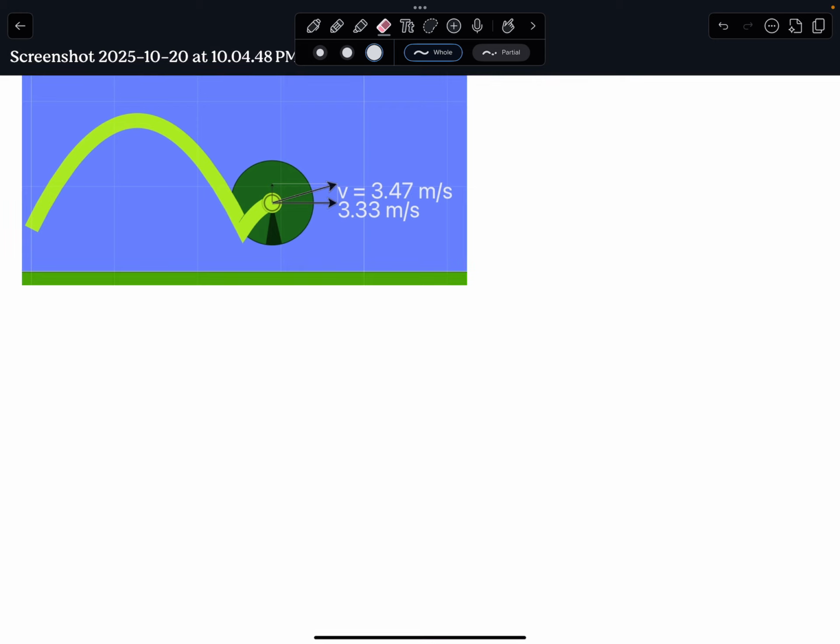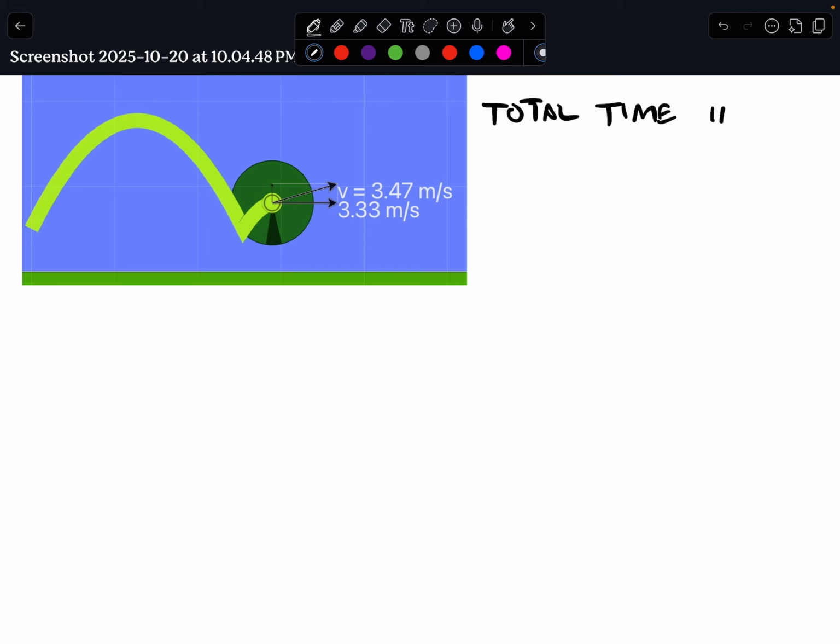All right, so here we want to know what is the total time it's in the air. And so we recall it started off with a velocity here of 10 meters per second, and it's moving sideways at 5 meters per second.